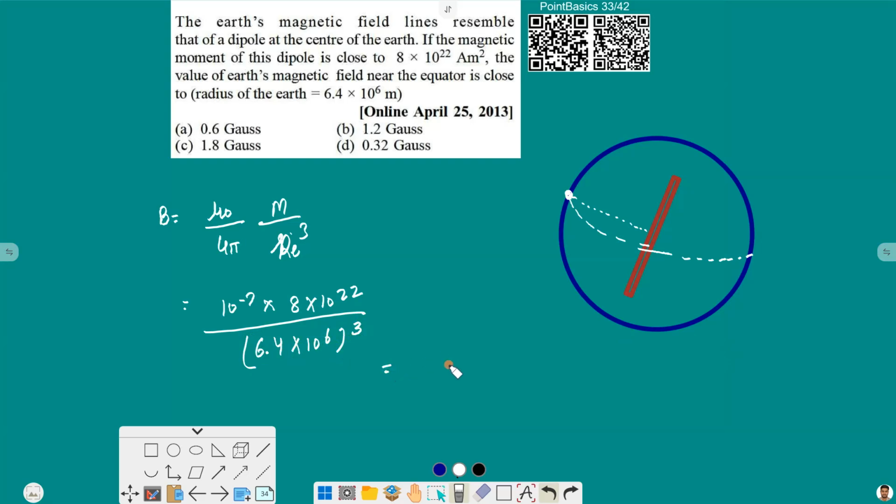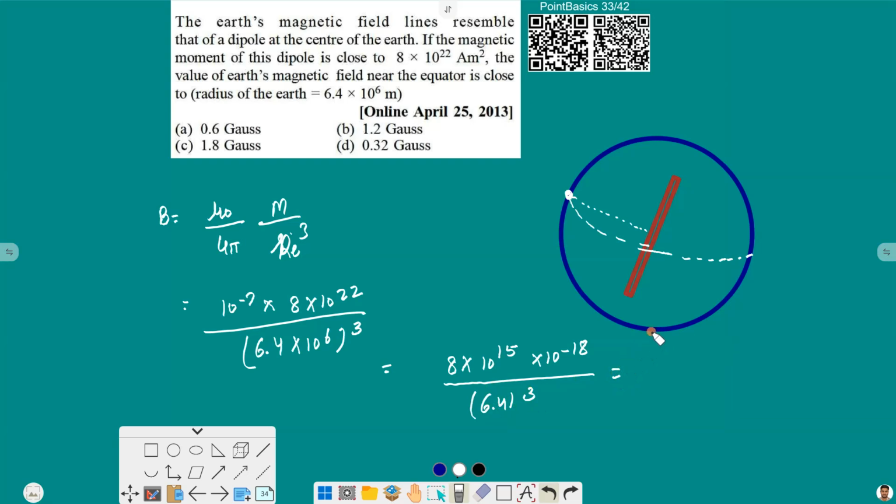So it will be 8 into 10 raised to power 15 into 10 raised to power minus 18, we will have plus 18 and minus 18, divided by 6.4 cube.